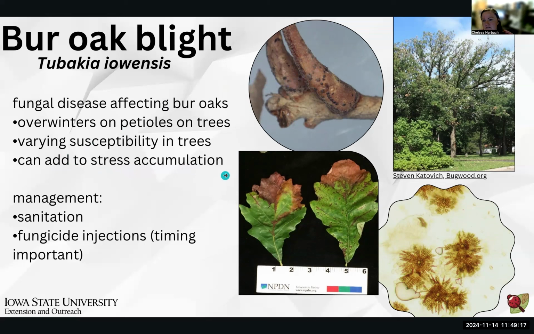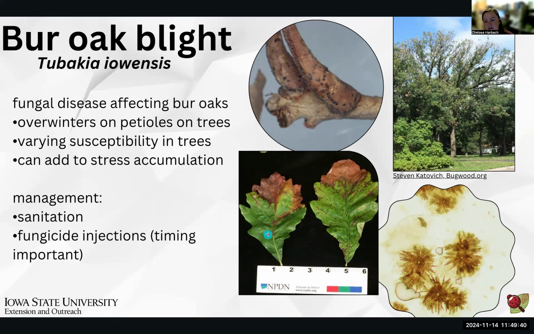In severe cases, you might see something like this, where you start seeing tip dieback and defoliation. This is an example of what the symptoms look like on the leaves. You typically see this browning appearing in a wedge shape or along the leaf veins, like here.